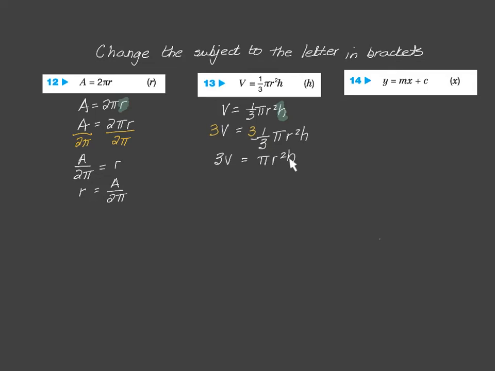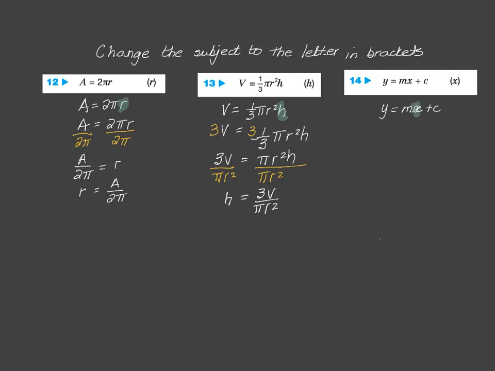You need to isolate your h, so you're going to divide both sides by pi r squared. Divide the left by pi r squared, divide the right by pi r squared. And now I'm going to write the right-hand side first so that h is the subject. On the right-hand side, the pi r squareds divide out and you have 1h is equal to the left-hand side, 3v over pi r squared.